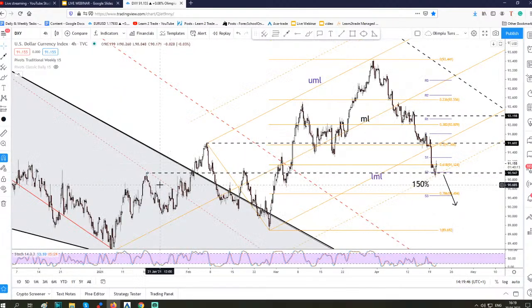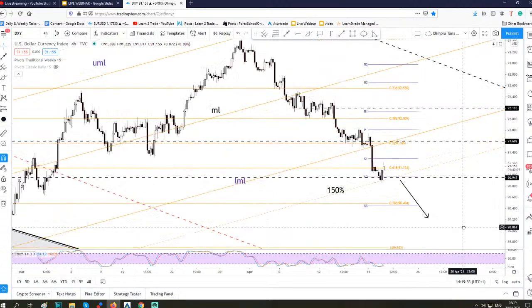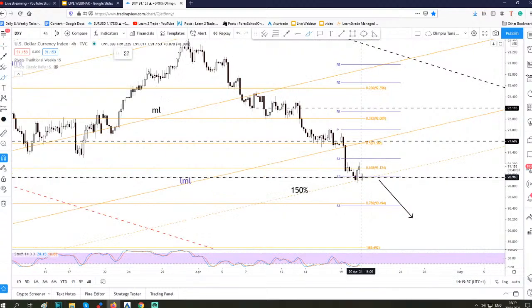We had a top here, and now the DXY has bounced back, has rebounded. It has printed here, as you can see, a bullish engulfing right on this support area, right on the 150% Fibonacci line, and now it could approach the immediate resistance here, represented by the S1.